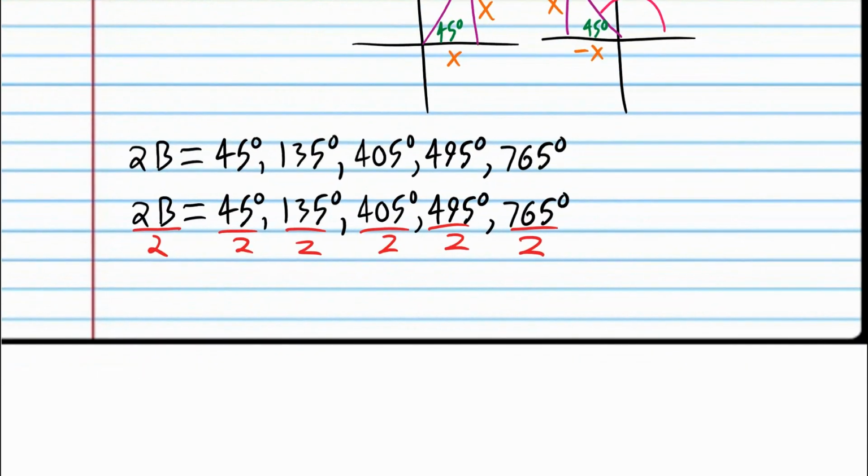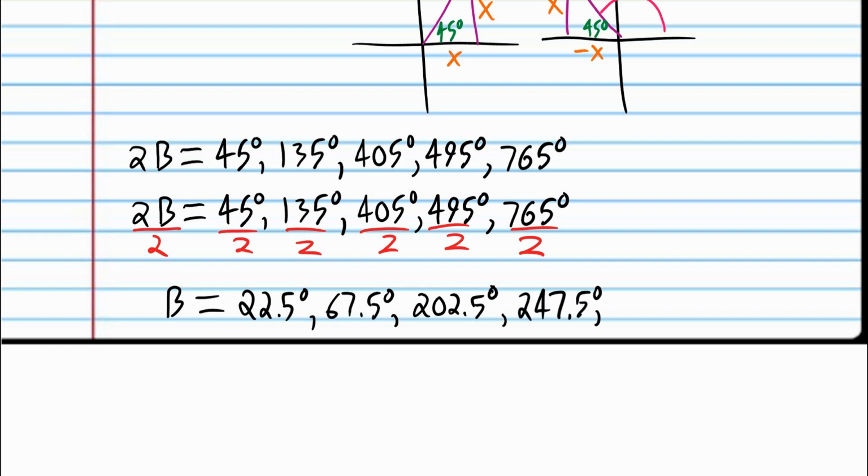So 45 divided by 2 is 22.5. And don't be afraid to use your calculator. 135 divided by 2 is 67.5. And 405 divided by 2 is 202.5. And 495 divided by 2 is 247.5. And I think that's all the solutions we're going to have.